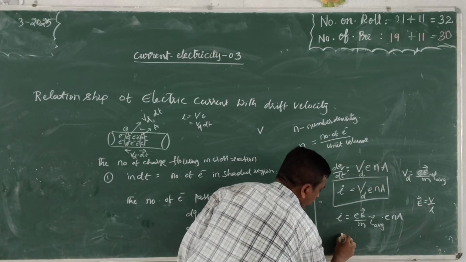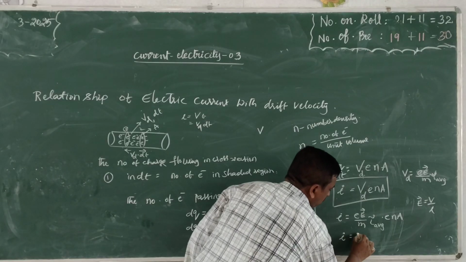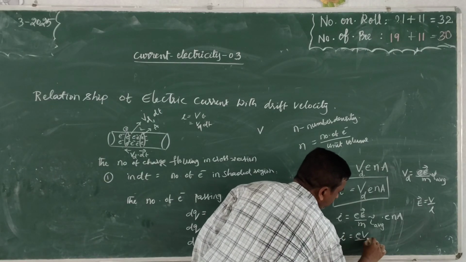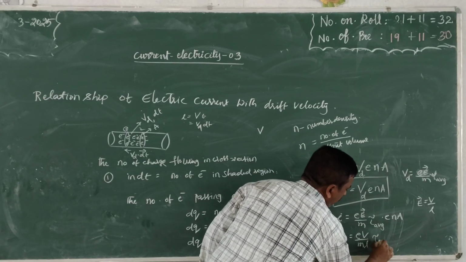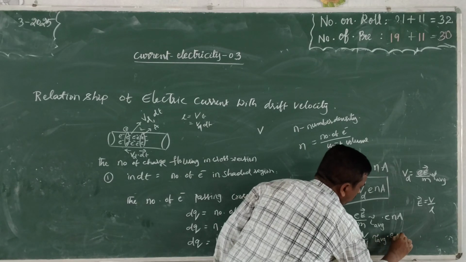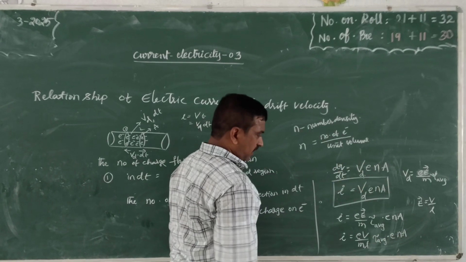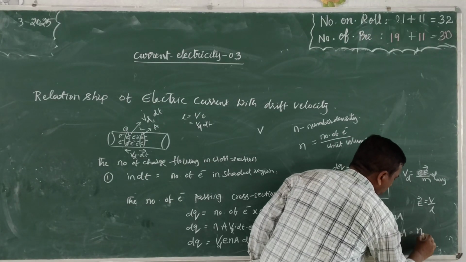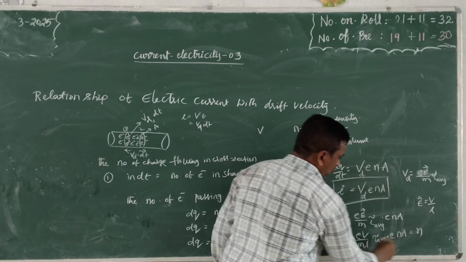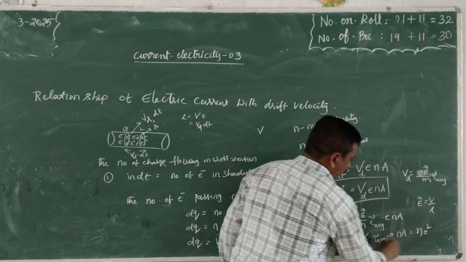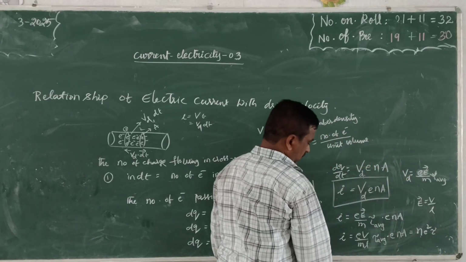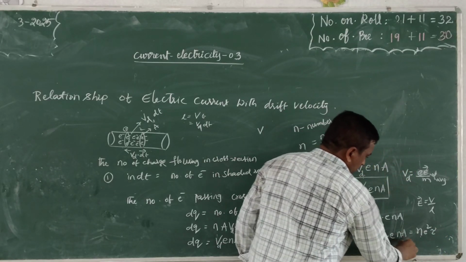So I equals e V by m l into tau average into e into n into A, which is n e square tau average A V by m l.